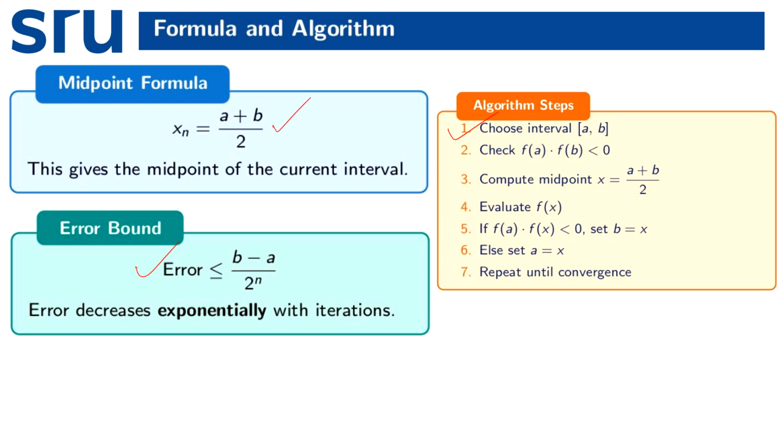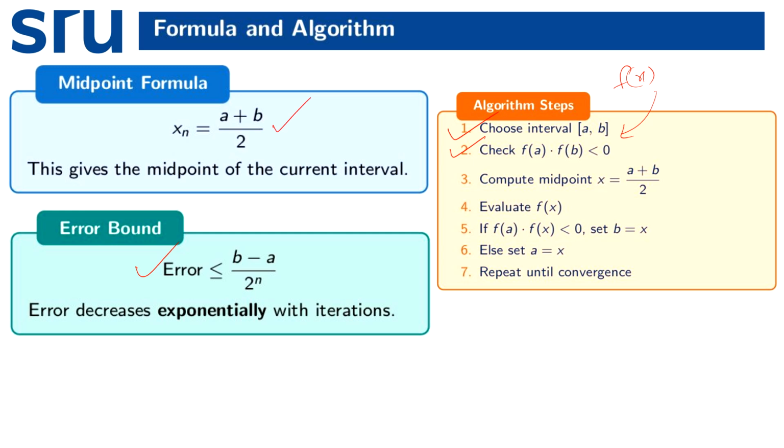Then you check the condition, that is f of a into f of b less than 0. f of a and f of b are the values of the function f of x at the points a and b, and the product of these two values should be less than 0. If this condition is not satisfied, the method cannot be applied.